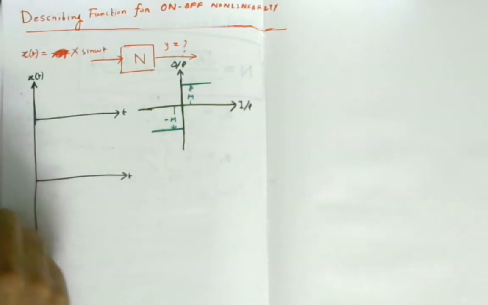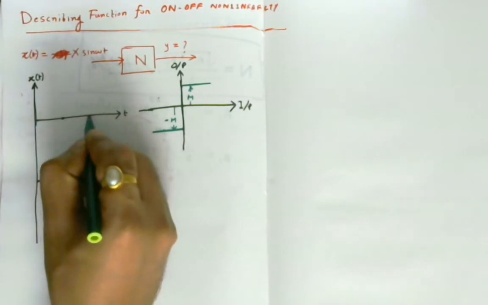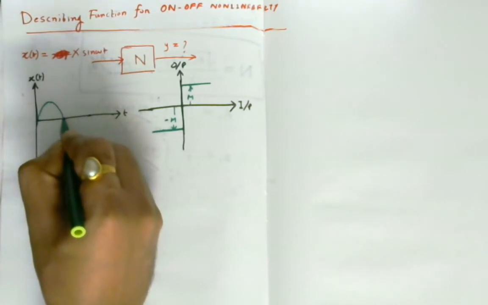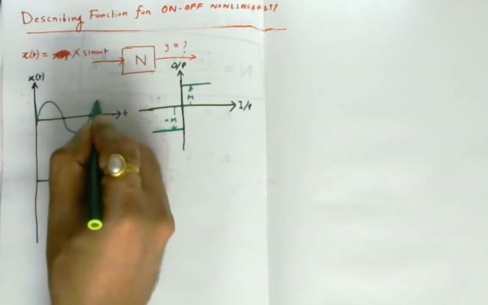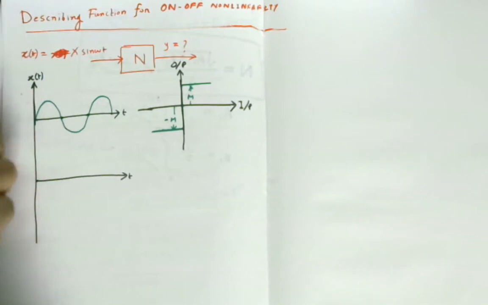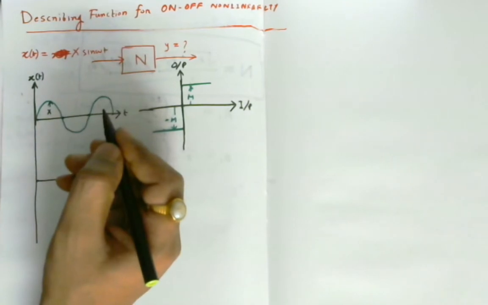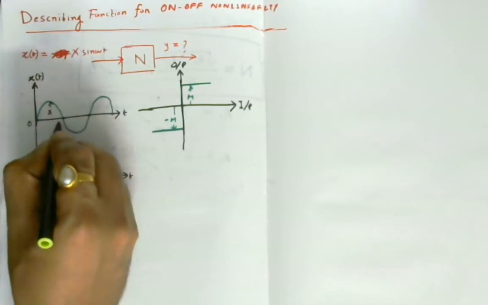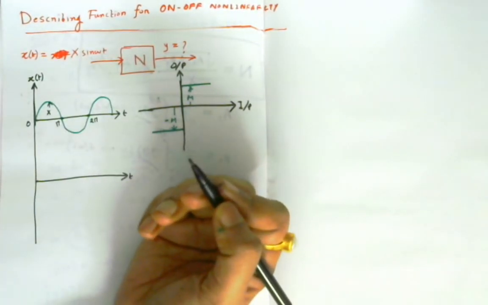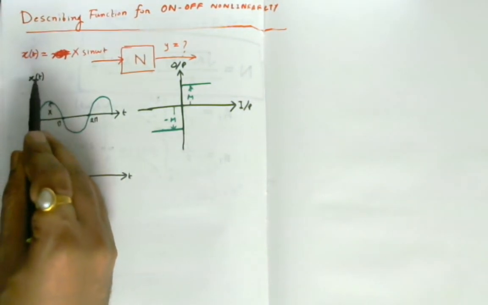So this is the amplitude, and say this is time 0, this is pi, this is 2 pi. So this is the input waveform. Okay, this is the input waveform, and the input waveform is xt.